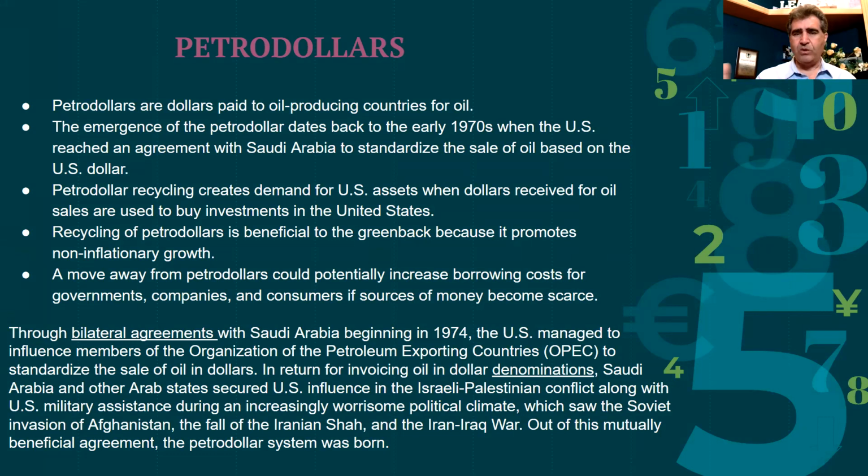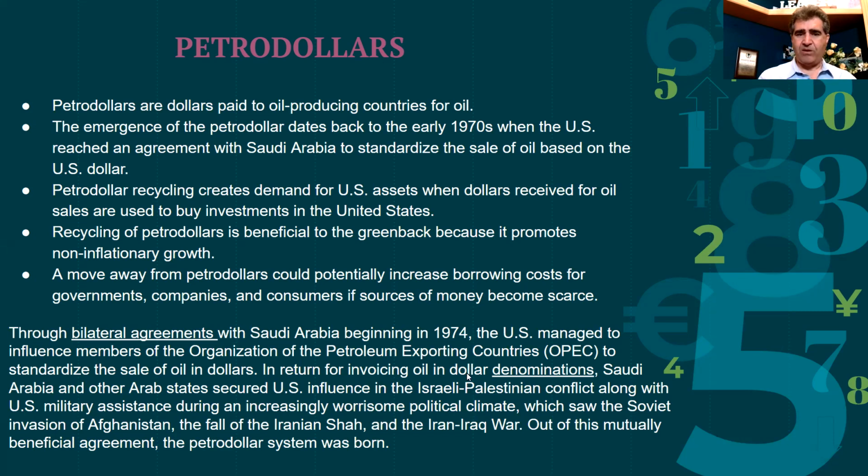He went to Saudi Arabia and the Persian Gulf members, I believe the United Arab Emirates, Kuwait, and Iraq, and they came together and talked about using the dollar as the currency for all the petroleum and oil. And that's how the petrodollar came into existence.